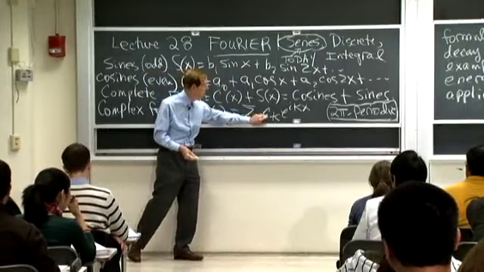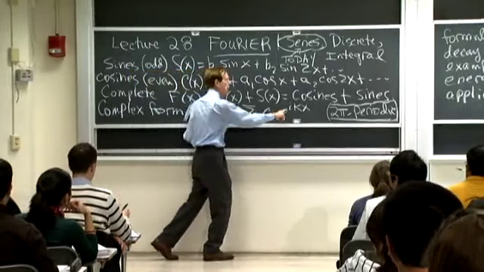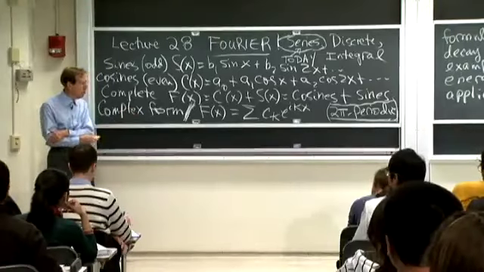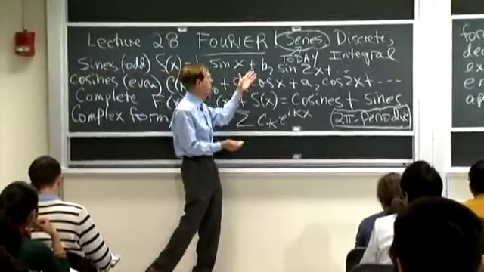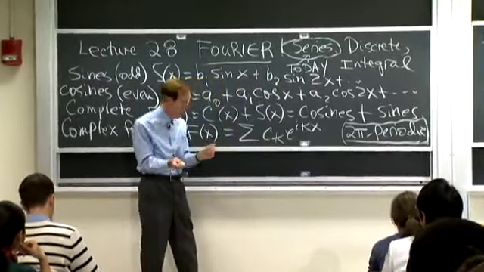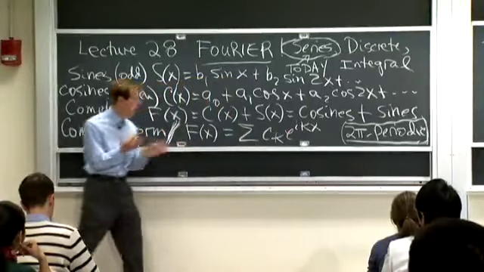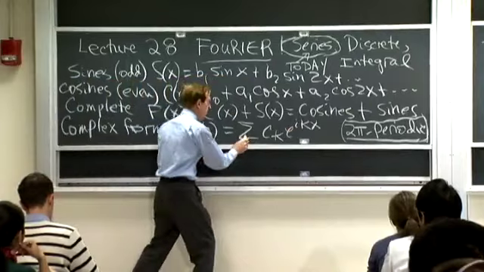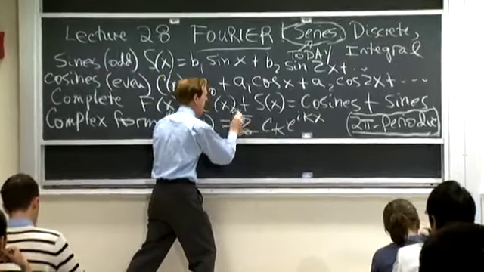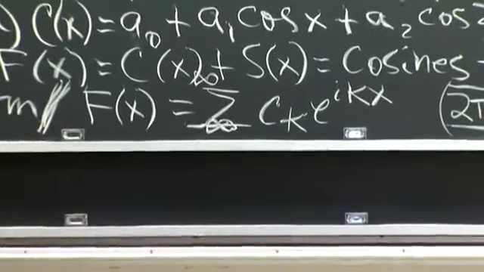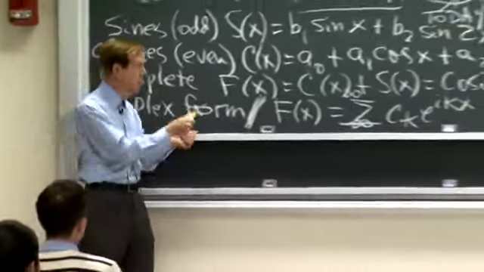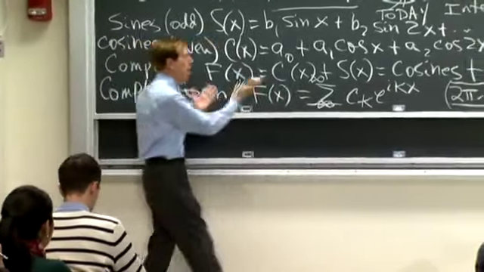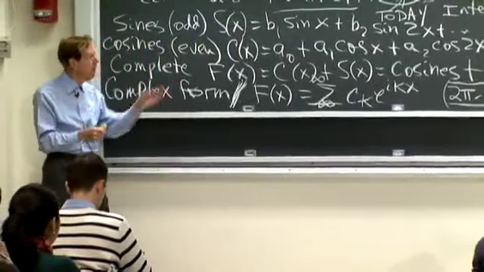I'll call its coefficient c_k, and it multiplies e to the ikx. We may be more familiar with sine kx and cos kx, but everybody knows e to the ikx is a combination of them. If we let k go from minus infinity to infinity, we've got all the terms, including e to the minus i 3x and e to the plus i 3x, which combine to give cosines and sines of 3x. We get one nice formula, and there's just one formula for the c's.